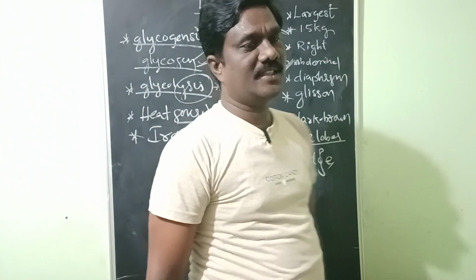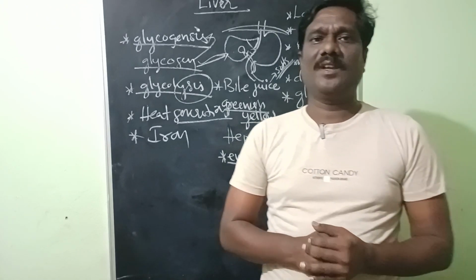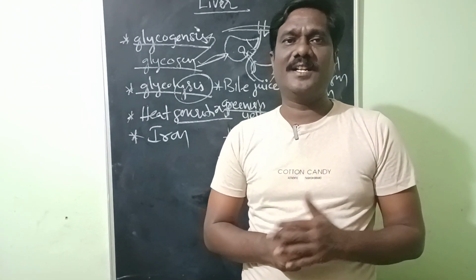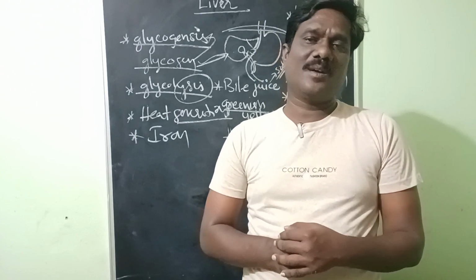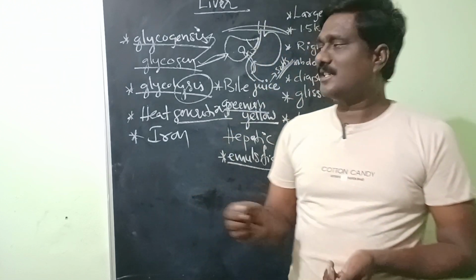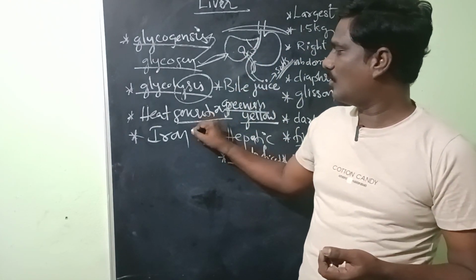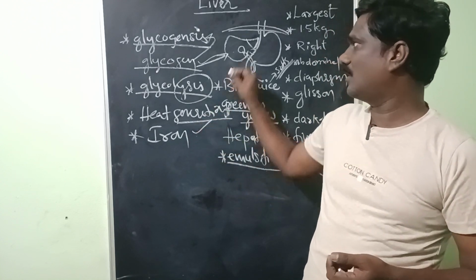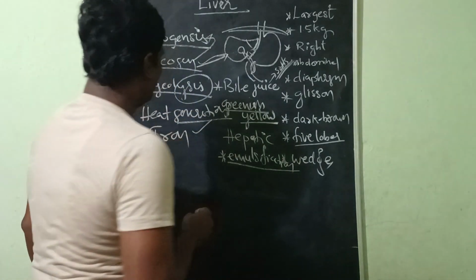After disintegration of red blood cells, that is after 120 days when the lifespan of red cells is completed, the red blood cells are destroyed in the liver. Hemoglobin contains iron, and these iron molecules are stored in the liver cells.